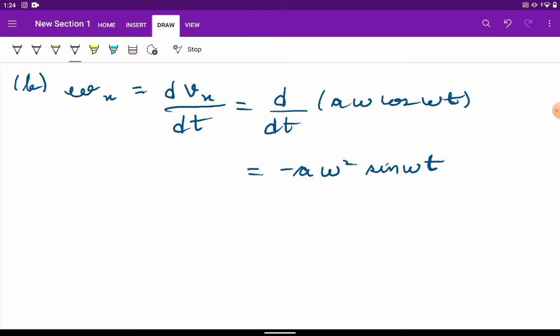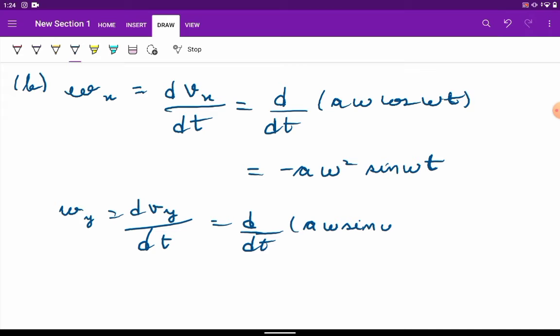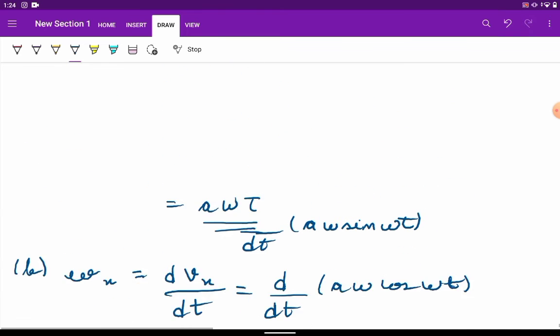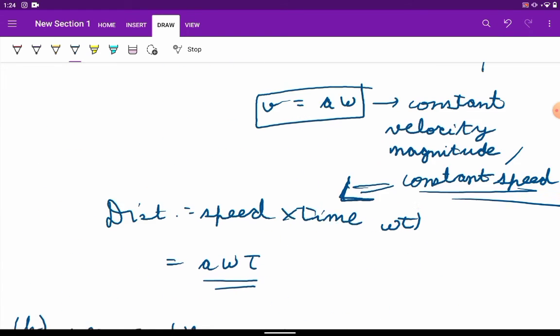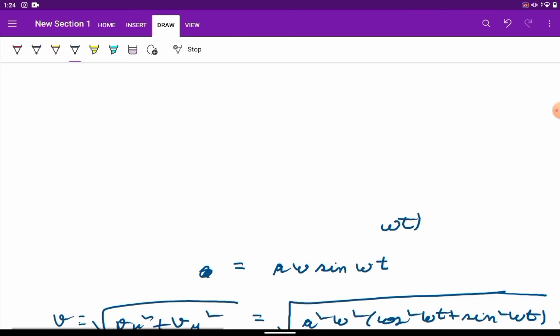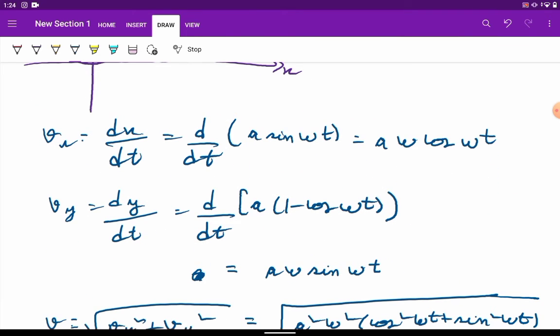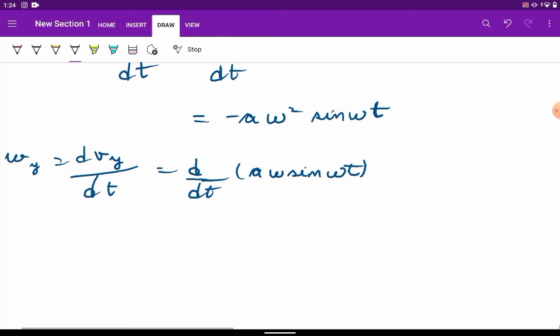So this is your wx. Similarly, wy is dvy by dt, d by dt of a omega sin omega t, right? If you differentiate it, this becomes a omega square cos omega t, right?